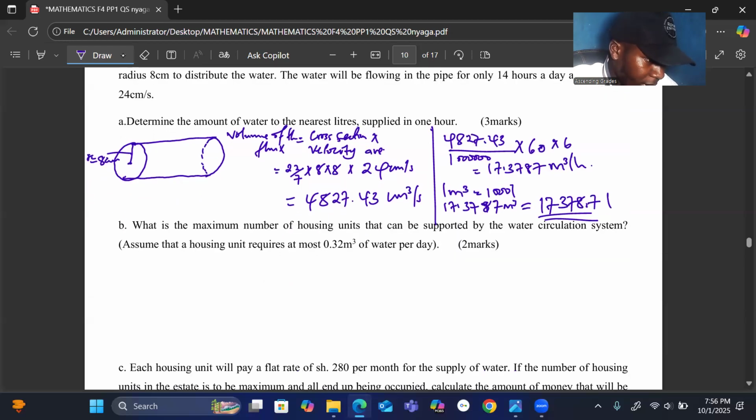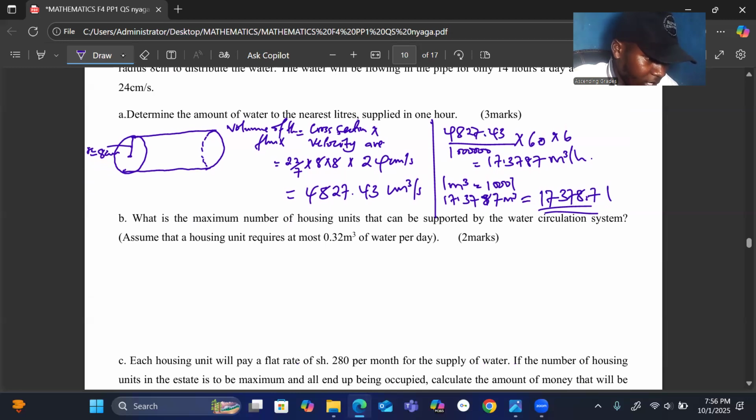Then what is the maximum number of housing units that can be supported by the water circulation system? Assume that a housing unit requires at most 0.32 cubic meters of water supply per day. Now, we know per hour we are having 17.3787 cubic meters per hour.